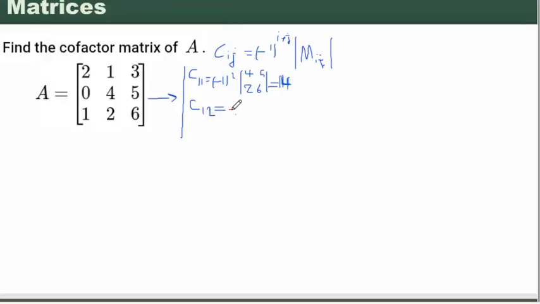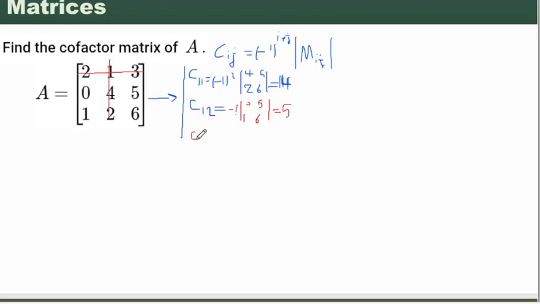So negative 1 to the power of 3, which is negative 1, and the determinant of the matrix that's obtained by deleting first row, second column. So I will have 0, 5, 1, 6. 0 times 6, 0 minus 1 times 5, negative 5, and times this negative gives me positive 5.